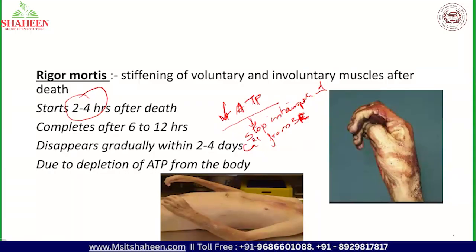So we know that after death there is a decrease in ATP, so there will be a stop in transportation of calcium from the sarcoplasmic reticulum for the contraction purpose. But when the cell undergoes death, the sarcoplasmic reticulum will burst out and release a large number of calcium into the cytoplasm, the sarcoplasm.